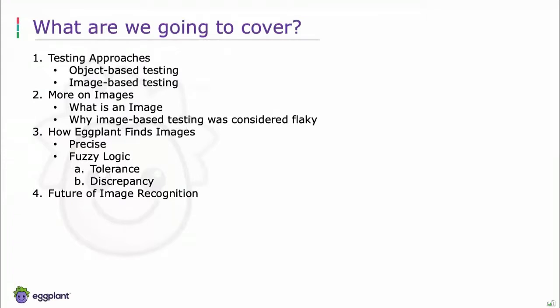After that, how Eggplant works with images, how we look for images on the screen. We do a few different techniques, listed there: precise, fuzzy logic, tolerant discrepancy. I'll go into some detail about exactly what those are. And then finally, I'll conclude with the future of image recognition. What does the future of looking for images look like? What's out there now, and where are we going?